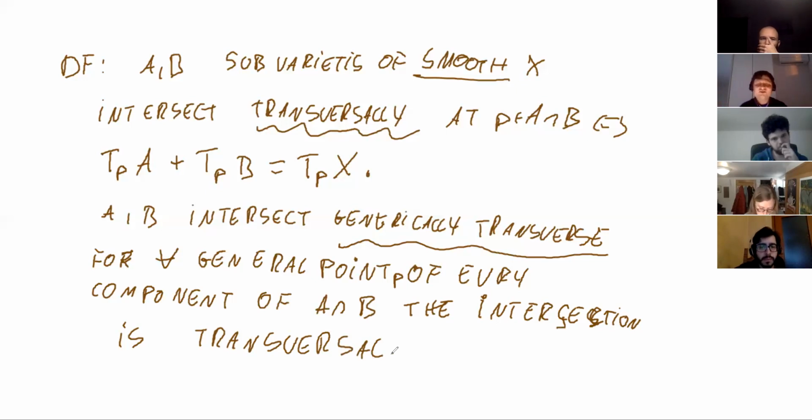You compute the tangent spaces, and you want to have T_P A plus T_P B equals T_P X. This is the intuition: they intersect nicely.